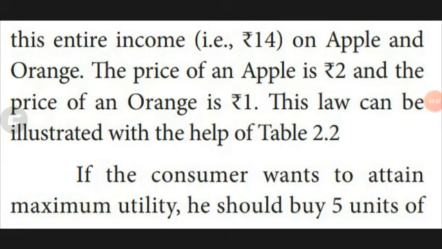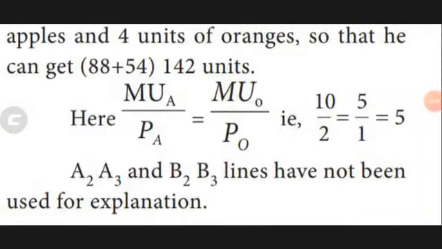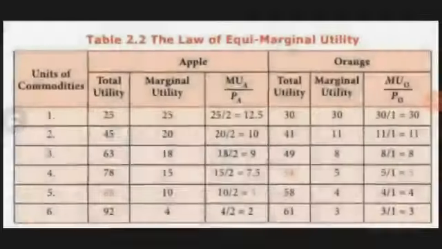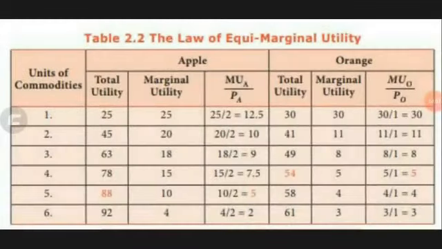In the table, they have given that you buy 5 units of apple and 4 units of orange. You can see in the table 5 units of apple, total utility 88, shaded in red, and the marginal utility is 10 divided by 2, which is 5.